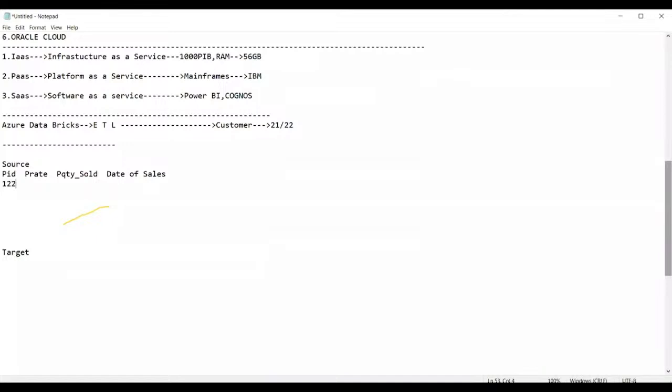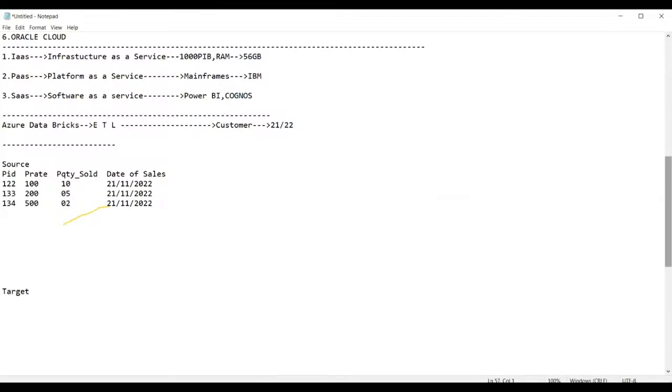Let us give the product rate as 100 rupees, the quantity sold as 10, and the date of sales as 21/11/2022. Then another product with rate 200, quantity sold 05, date 21/11/2022, and another with rate 500, quantity 02, date 21/11/2022.